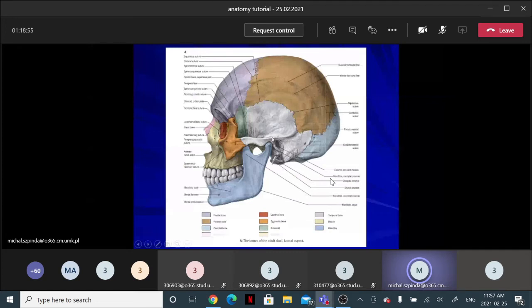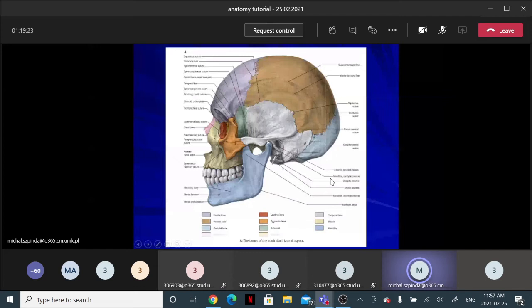bone. In fact, such a place here is called the posterior root of the zygomatic process, because the anterior root of the zygomatic process is in front of the mandible. It's called the articular tubercle.